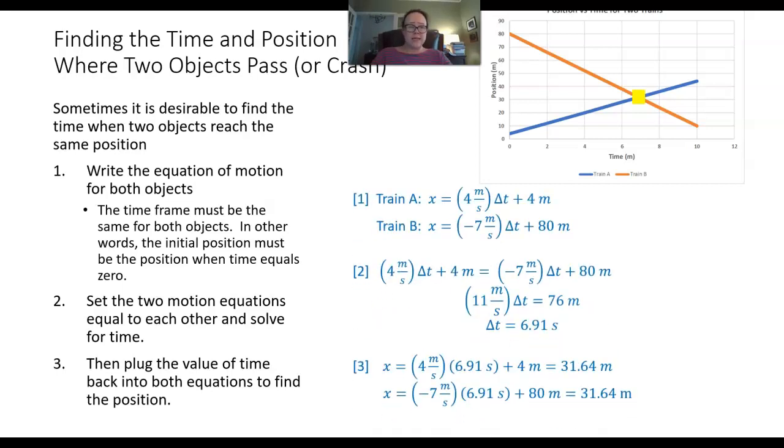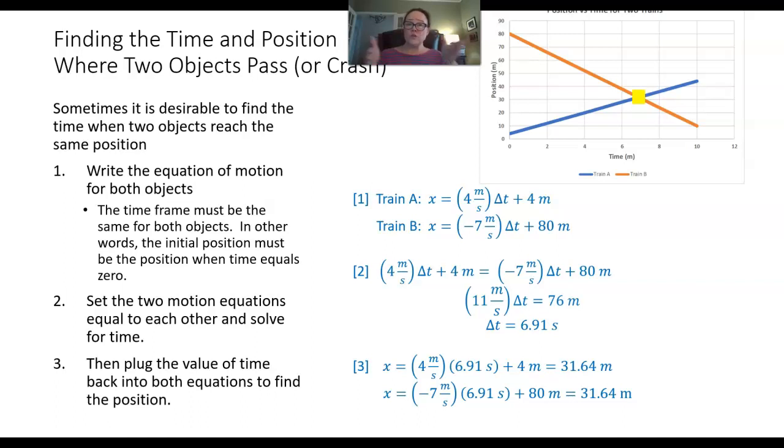And so here's an example of that. So I've got the two equations of motion, which we discussed in the previous slide. I set them equal because I'm looking for the point where they are at the same position. X is the same for both trains at that yellow box. So I set the equations equal.